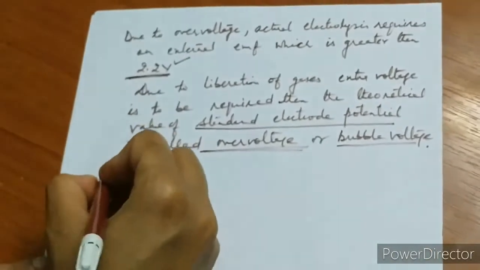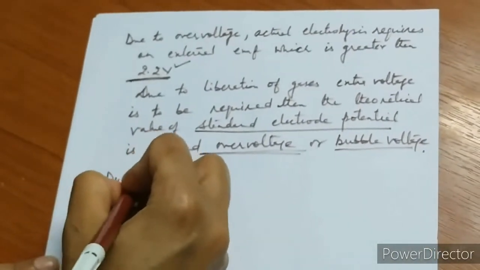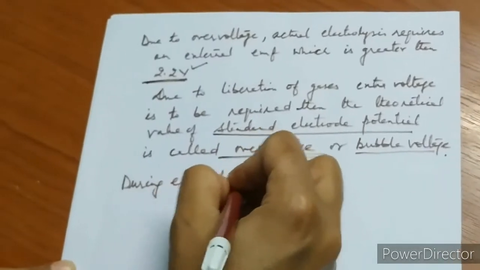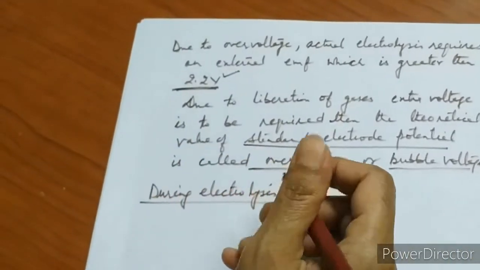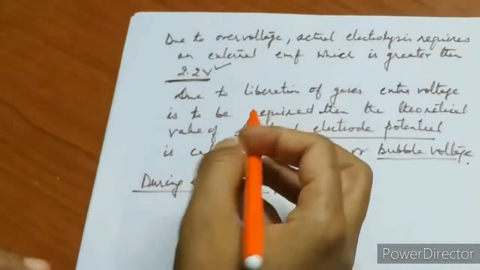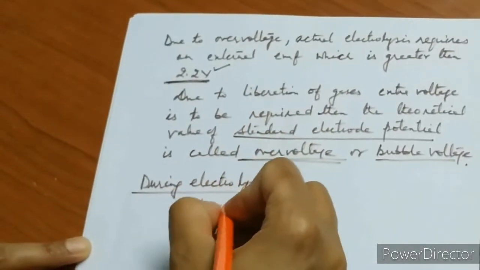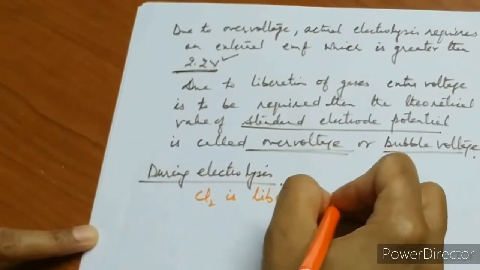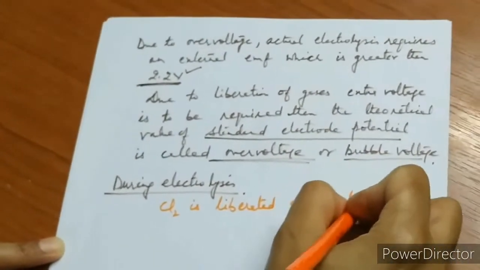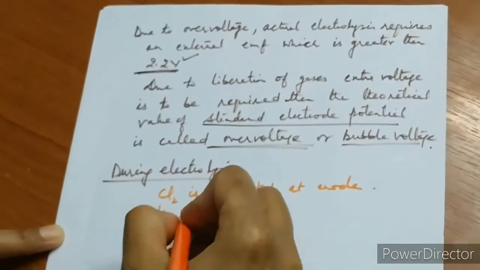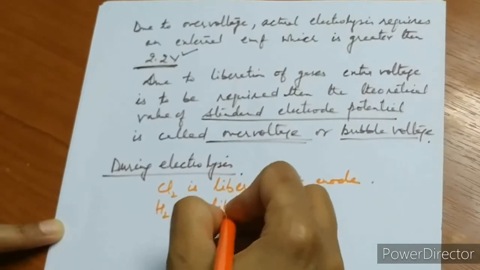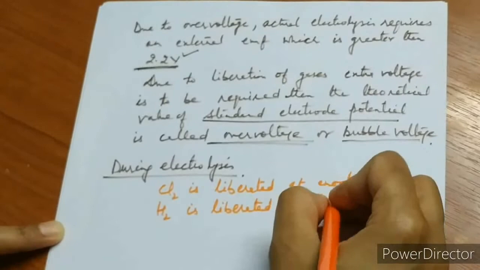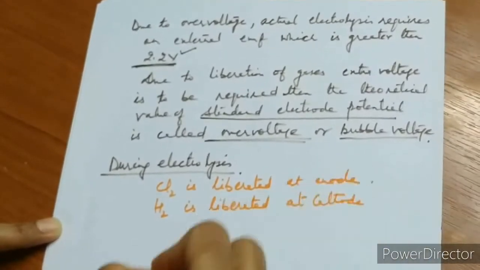So what happens during electrolysis? During electrolysis, chlorine Cl2 is liberated at anode and H2 is liberated at cathode.